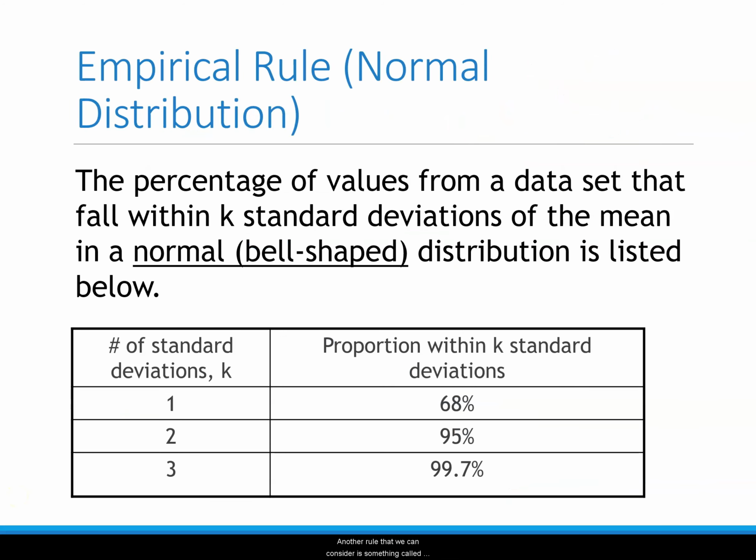Another rule that we can consider is something called the empirical rule. The empirical rule only works for our normal distribution, which we will talk a lot more about in chapter 6. But for the empirical rule, if I have a normal or a bell-shaped symmetric distribution, percentage of values from a data set falling within k standard deviations is listed in our table.